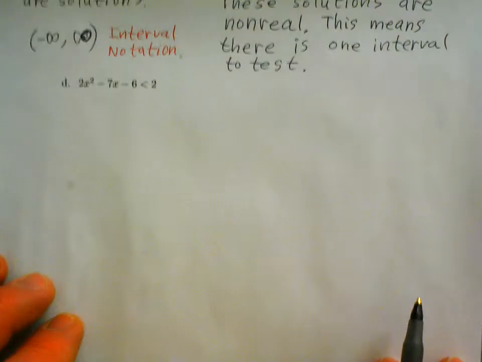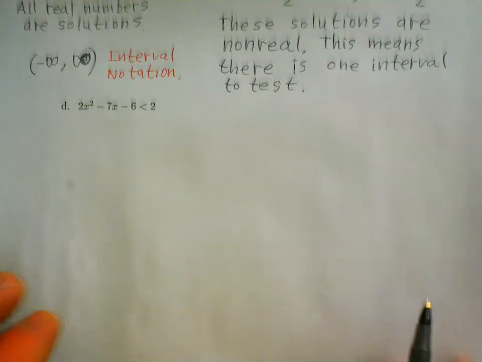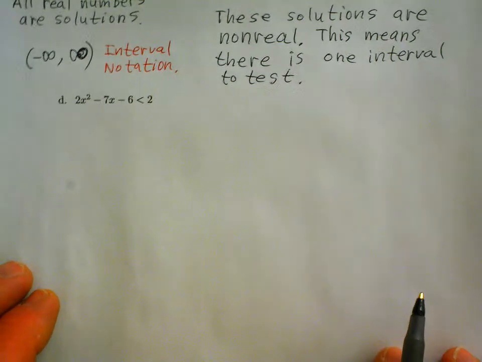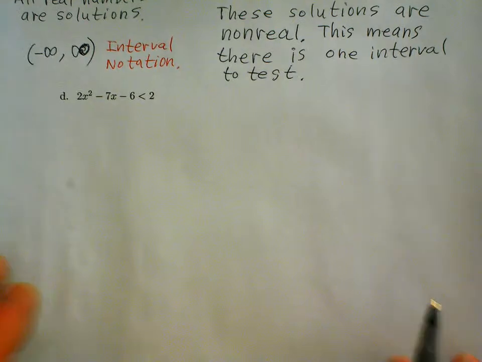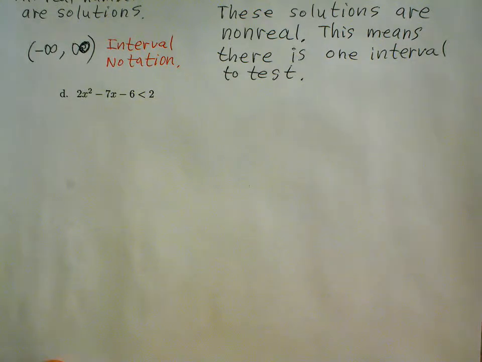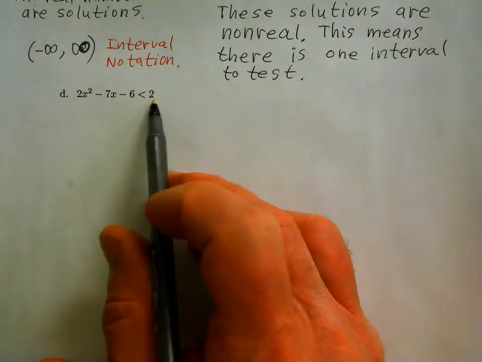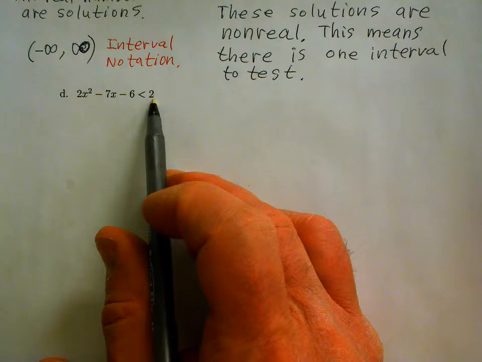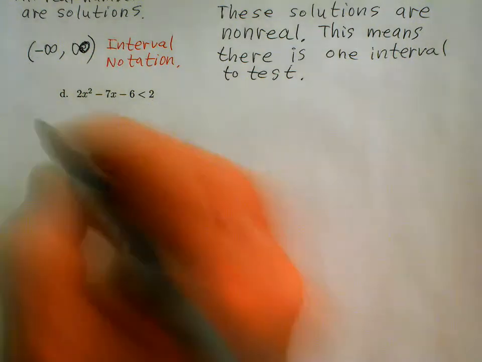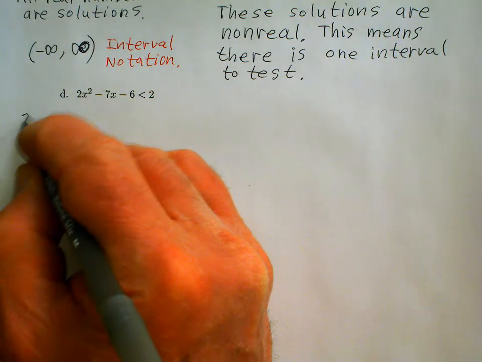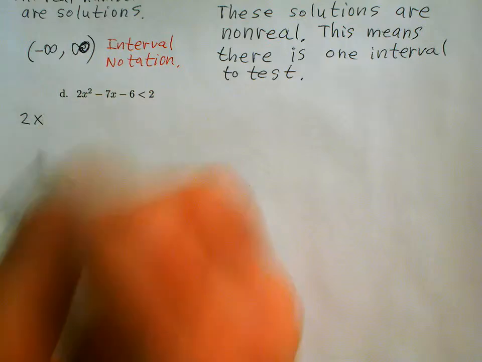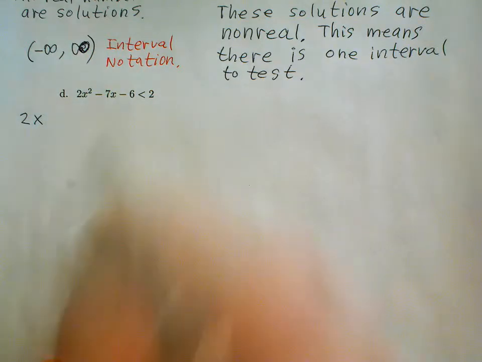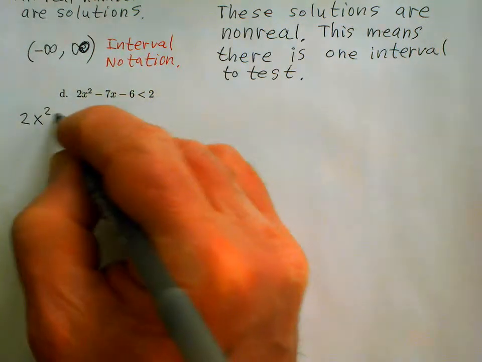Okay, the next example, solve this inequality. 2x squared minus 7x minus 6 is less than 2. Step 1 is to subtract 2 from both sides, because when we solve quadratic inequalities, we want one side to be 0.